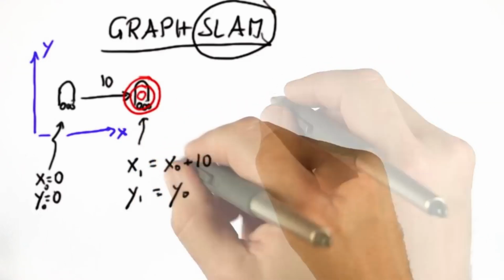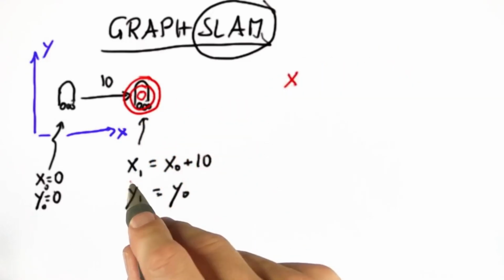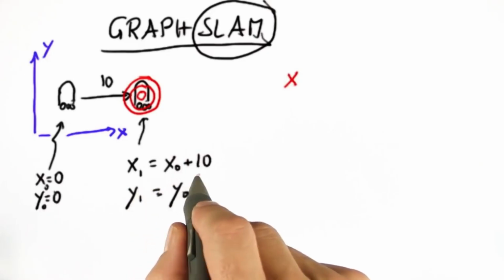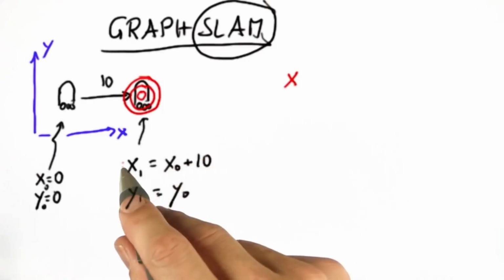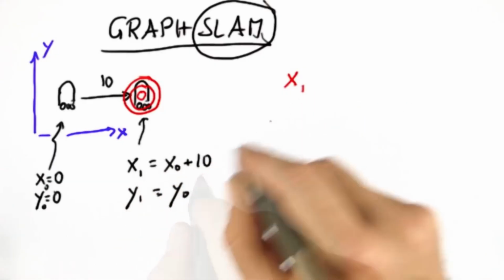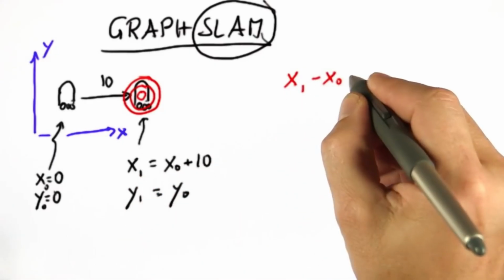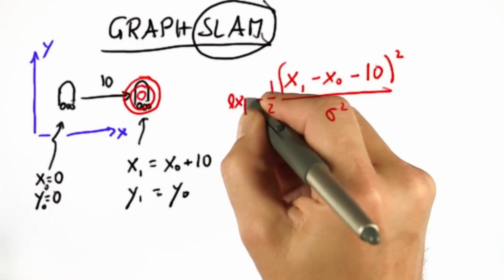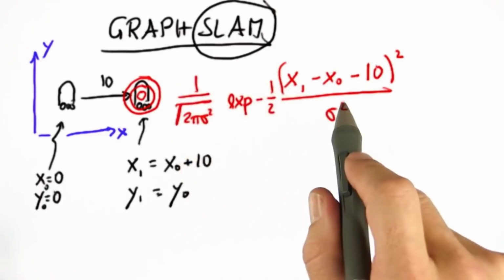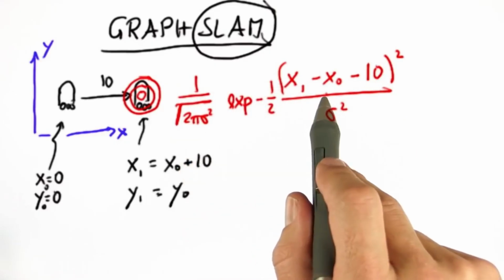Here's how it looks, just for the x variable. Rather than setting x1 to x0 plus 10, we try to express a Gaussian that peaks when these two things are the same. So if you subtract from x1, x0 and 10, put this into a square format, and turn this into a Gaussian, we get a probability distribution that relates x1 and x0.